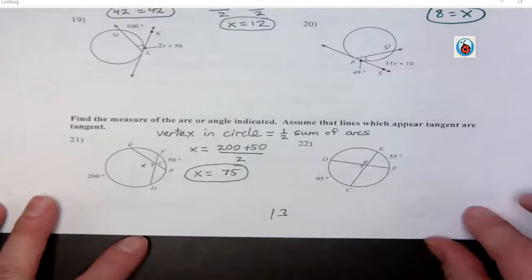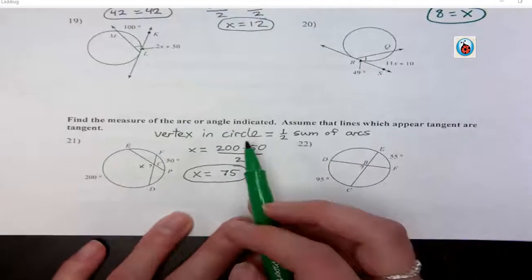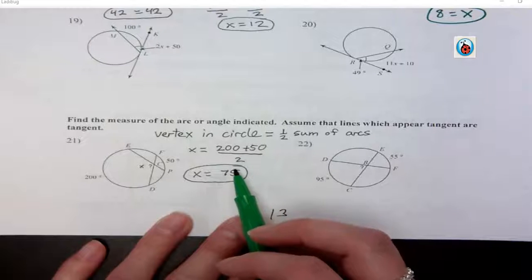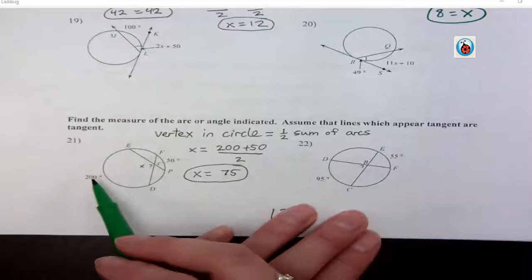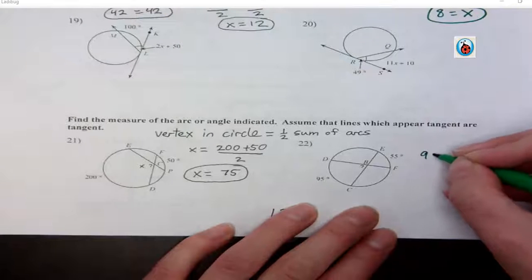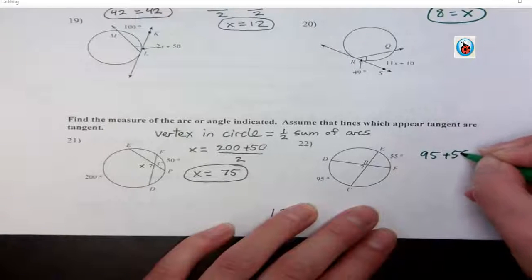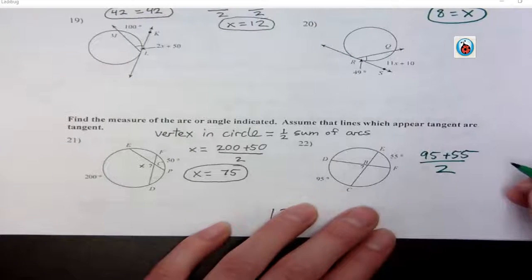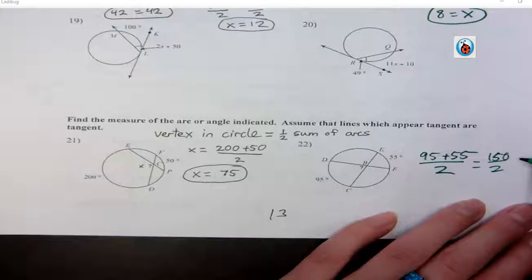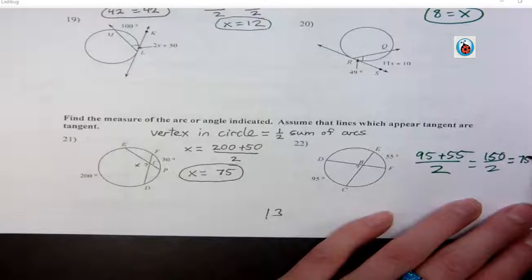So then the next one is if our vertex is on the circle, it's half the sum. So I add them together, divide by 2. So 200 plus 50 divided by 2 is 75. 95 plus 55 divided by 2 equals 150 divided by 2, which is 75.